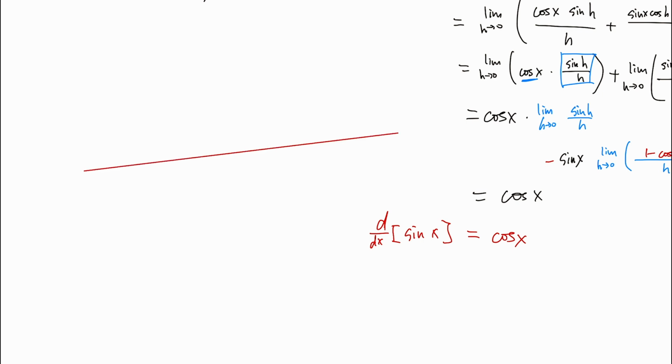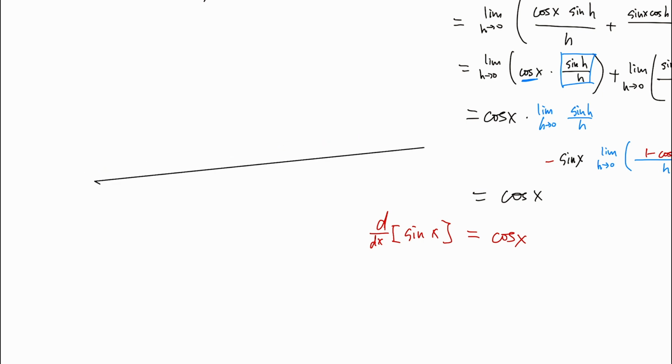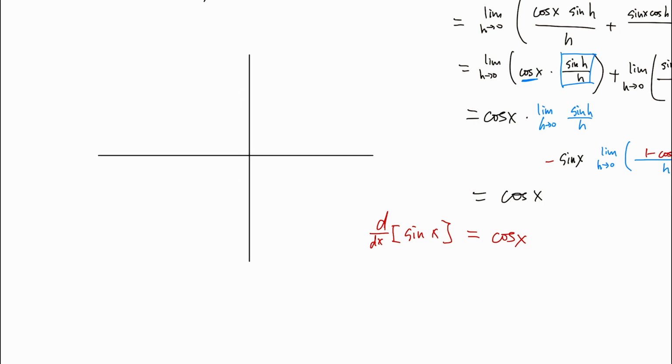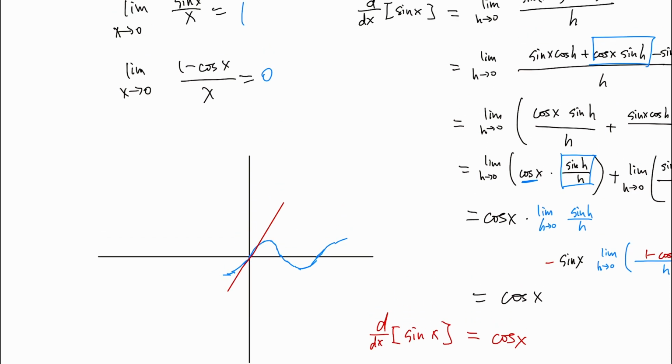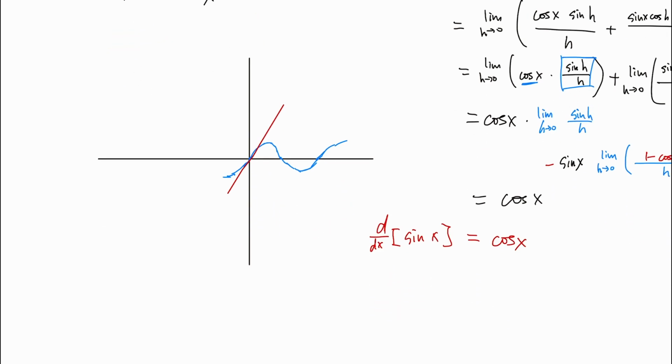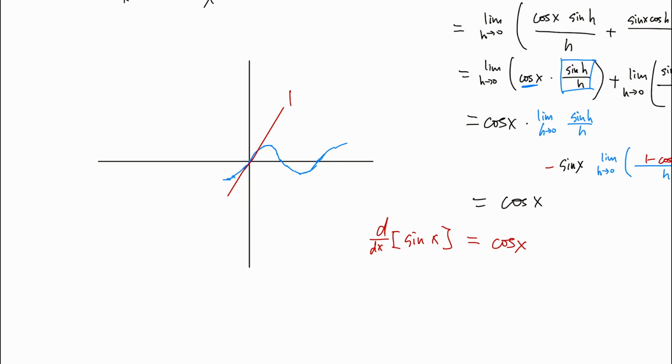And if we think about it on a graph, if we have a sine of x graph, and let's say over here, this slope is 1, from this identity. And if we look at somewhere, let's say here, this slope just looks like 0.